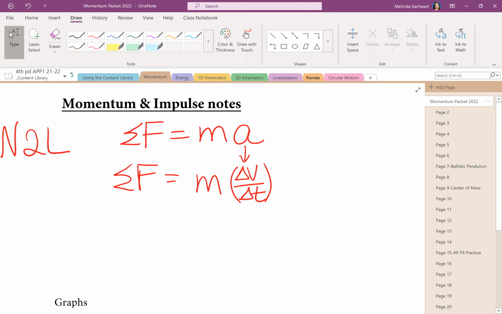Acceleration is a vector. And I don't know if I pointed it out in the fall, but look at the formula chart close to you. Find Newton's second law. Do we see these little arrows on top of the force and acceleration? Do you know what those arrows indicate? Vector quantity.